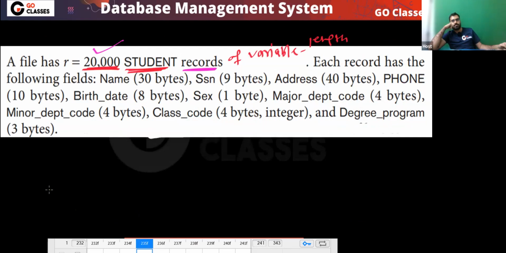Nikhil, that is not correct. 107 is not correct. Can you tell me your thought process, Nikhil?